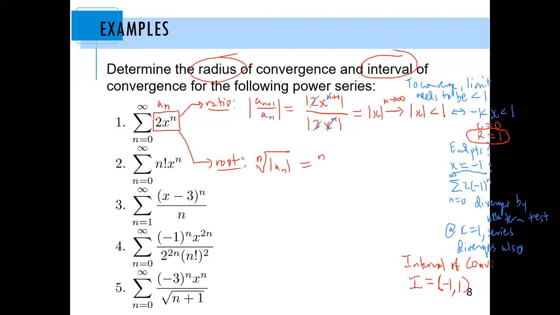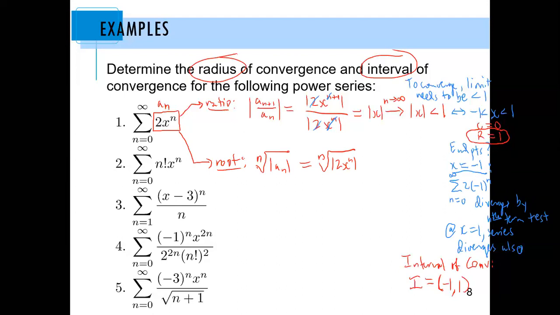That means the nth root of the absolute value of 2x to the n. And what's going to happen to the x to the n and the nth root? It's just x, but again, it's an absolute value.